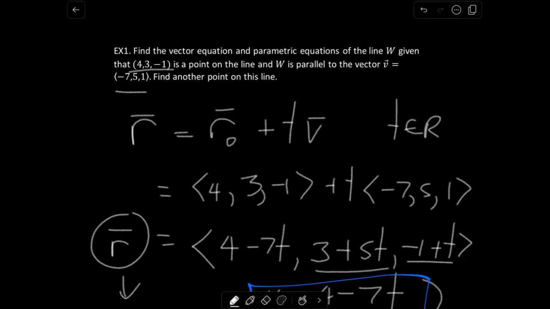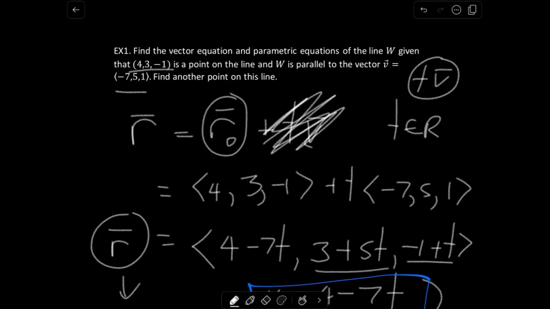Whenever t is equal to 0, you get that given point, because it's always relative to that point. You're not extending the direction vector, so you remain at that point on the line. So choose another convenient value for t.